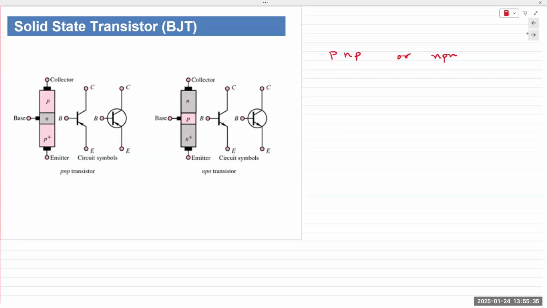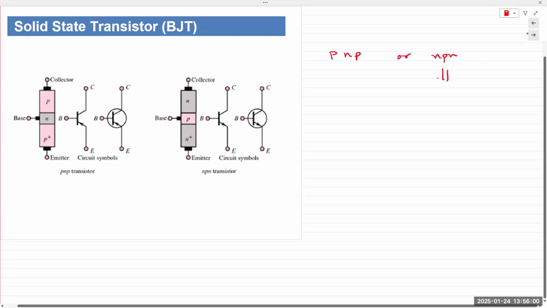That's why NPN are more popular than PNP transistors. Having said that, we can make comparable performance for both NPN and PNP transistors, because there are many circuits where we use both in conjunction. Okay.